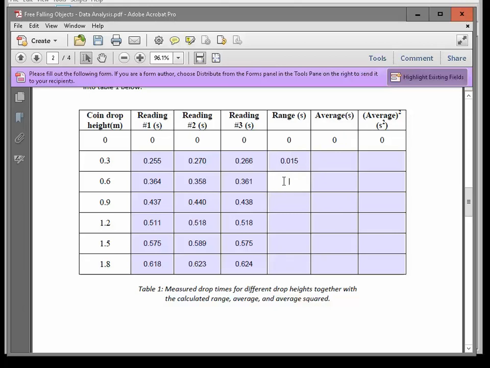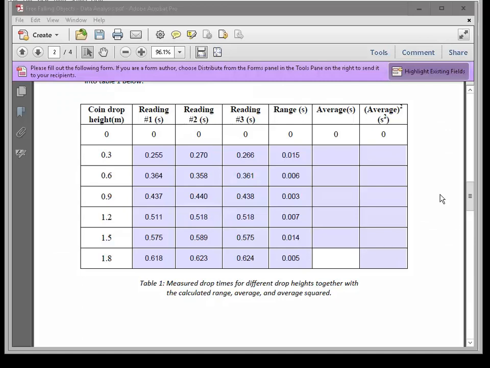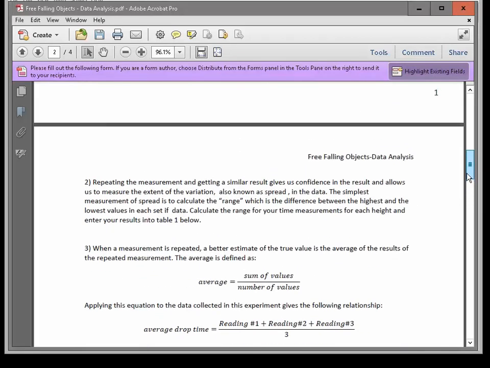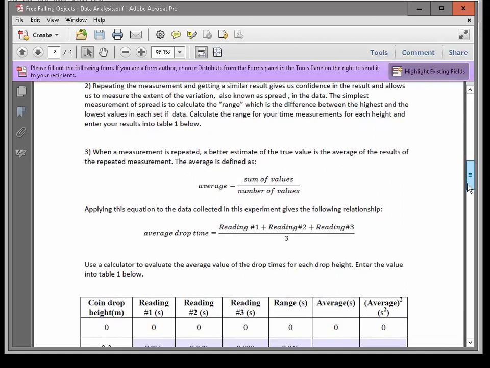Continue calculating the range for each of the remaining measurements for each height. Having calculated the range, it is now time to look at question 3.